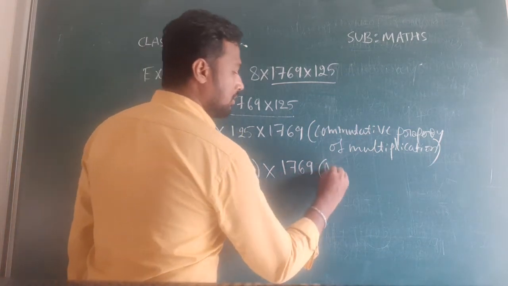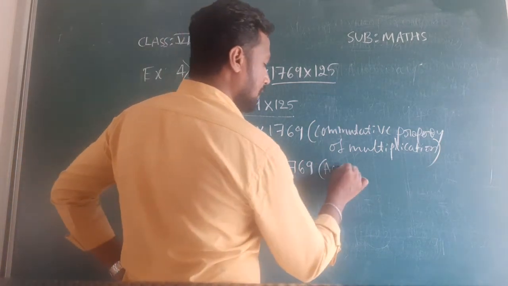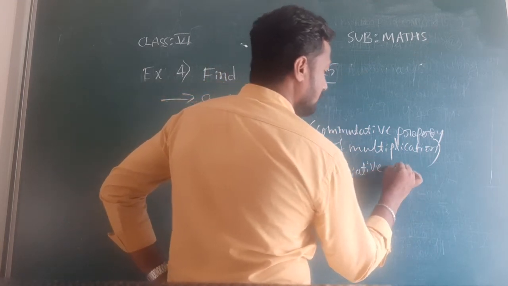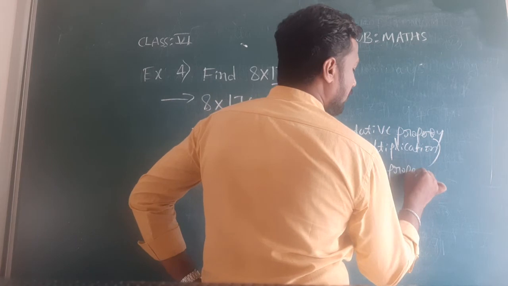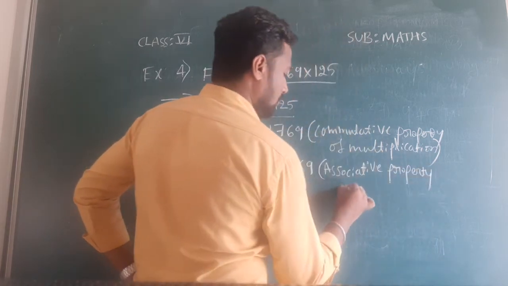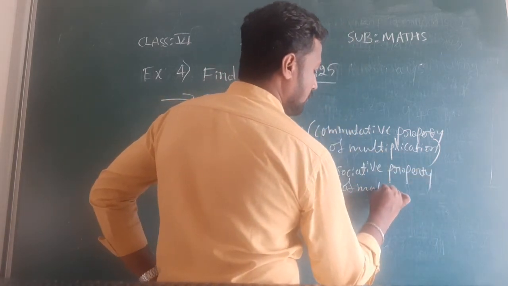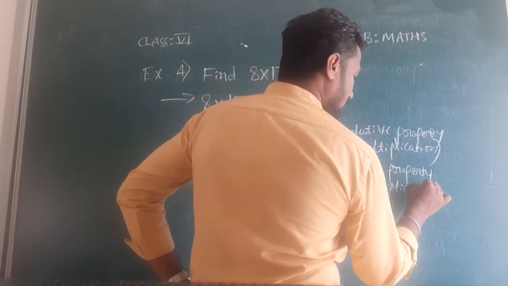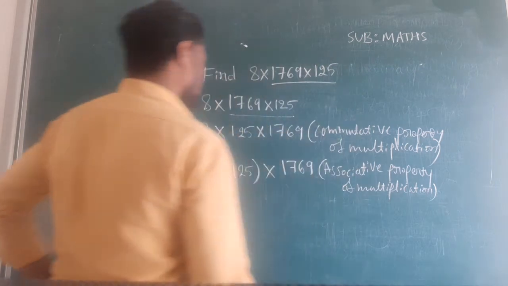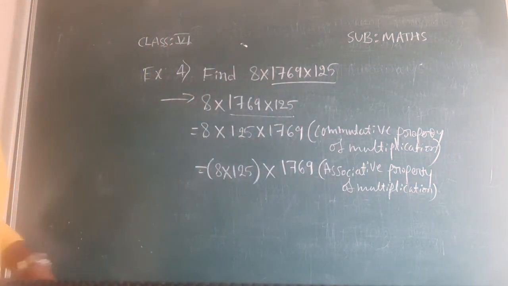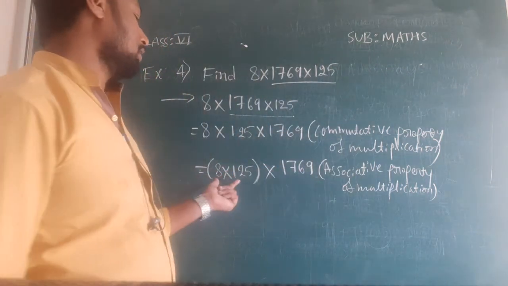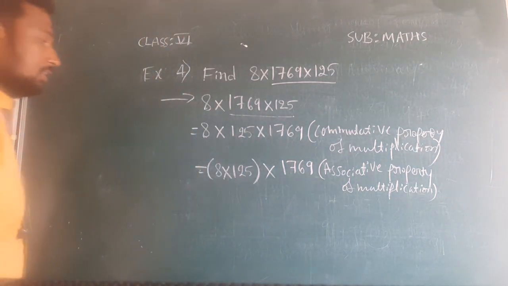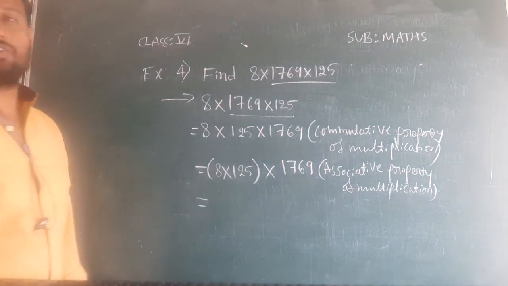This is called the associative property of multiplication, because first we will multiply the first two terms, next we will multiply this answer with 1769. Okay, so here 8 into 125 means what will we get?